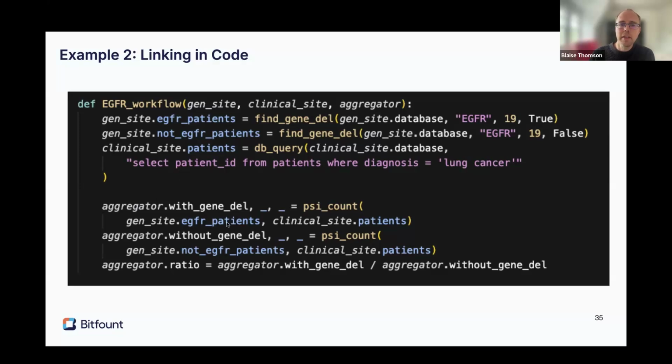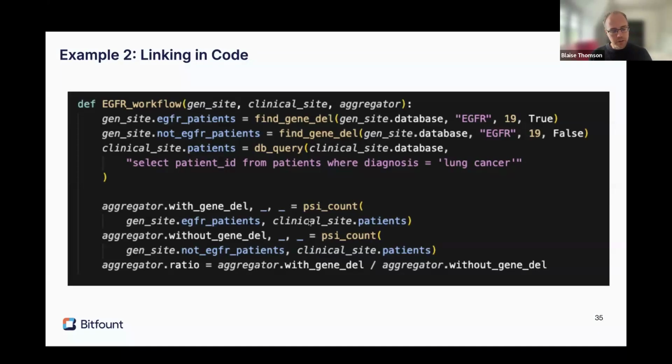These would just be normal Python functions, or however that works in the site. But then you're doing this PSI count, which is one of these federated tasks, which calculates some number, for example, in this case.